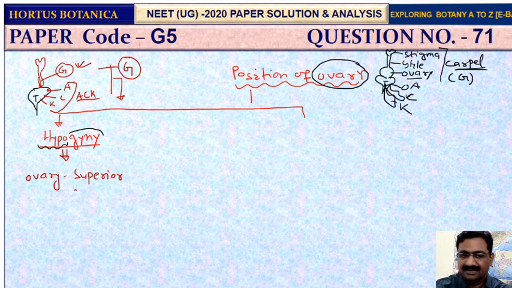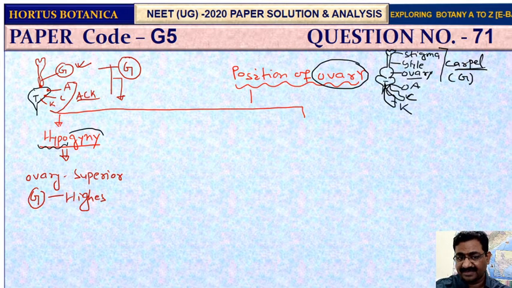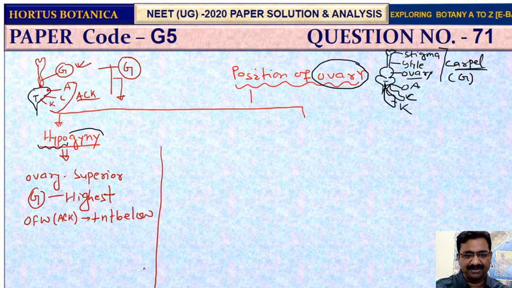The gynoecium will be at the highest position, and the other floral whorls, that is androecium, corolla and calyx, are present below. Is it clear? It is denoted by G with a dash below, like this.